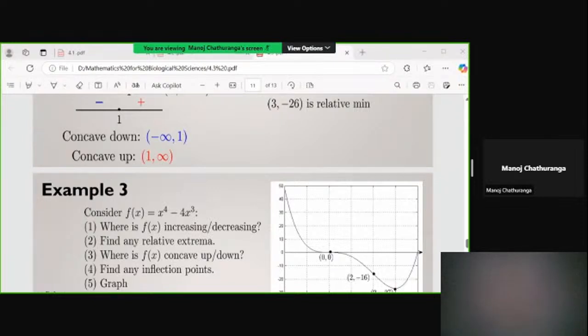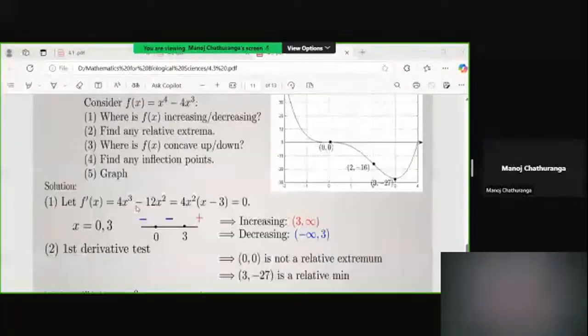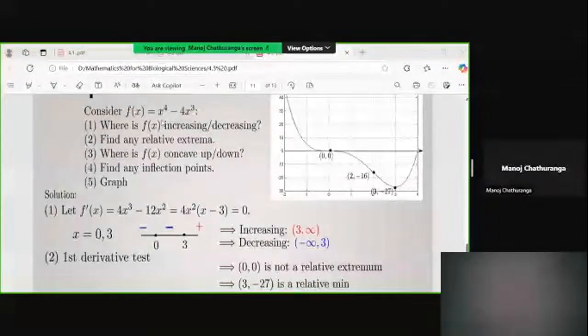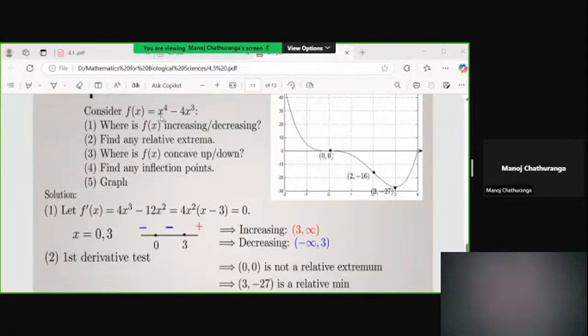So, first thing, compute the derivative and the second derivative. The first derivative is 4x to the third power minus 4 times 3x to the second power, so 4x cubed minus 12x squared.